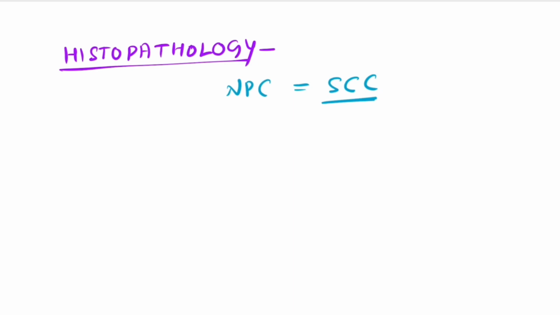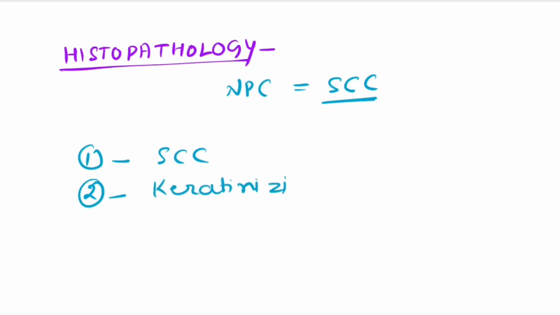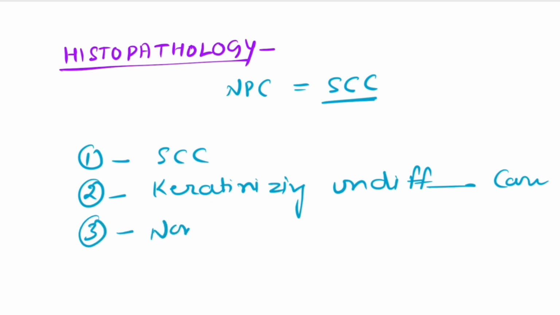But according to WHO, there are 3 histological types of carcinoma of squamous mucosal origin. What are these 3 types? Type 1 is squamous cell carcinoma. Type 2 is keratinizing undifferentiated carcinoma. The third type is non-keratinizing undifferentiated carcinoma.